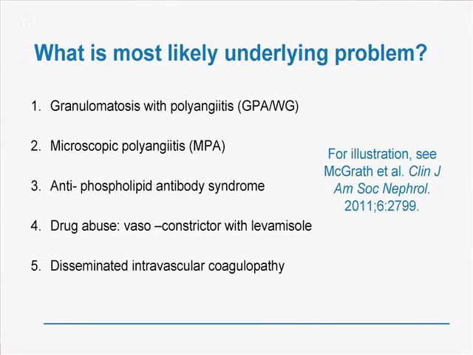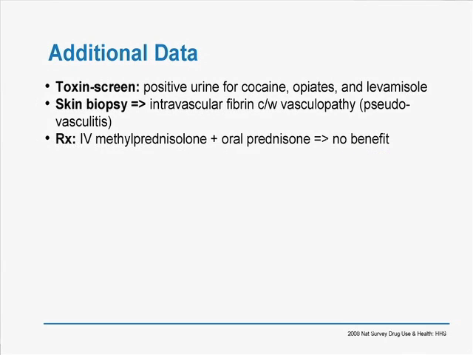And so here I give you another picture of a man with this similar form of vascular injury, again with ear involvement. And so the additional data that has been obtained to confirm the diagnosis is a tox screen, which turns out to be positive for cocaine, opiates, and levamisole.